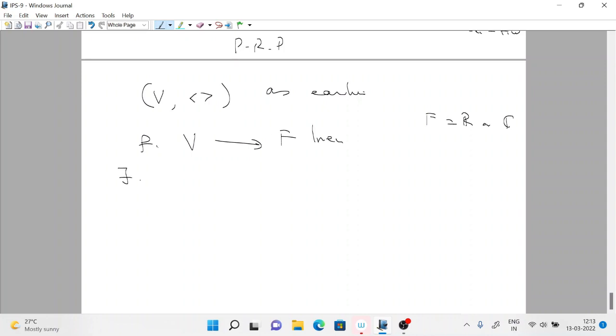I want to show there exists a vector v naught in V, so that for all v in V, f of v is the inner product of v with v naught. So if you give me a linear map from an inner product space to the ground field, there is a unique vector, we will see that it's unique later, a vector v naught, so that f of v is got by taking the inner product of v with v naught.